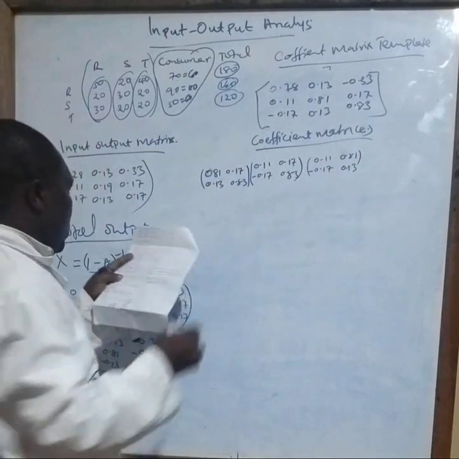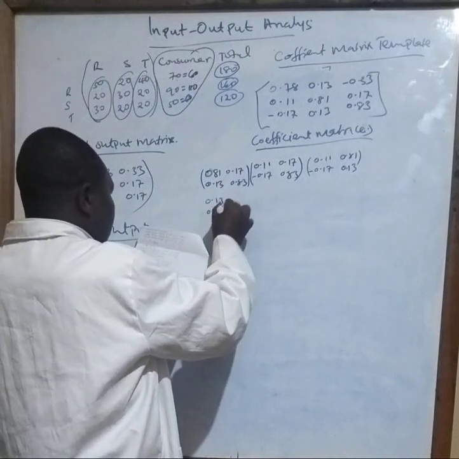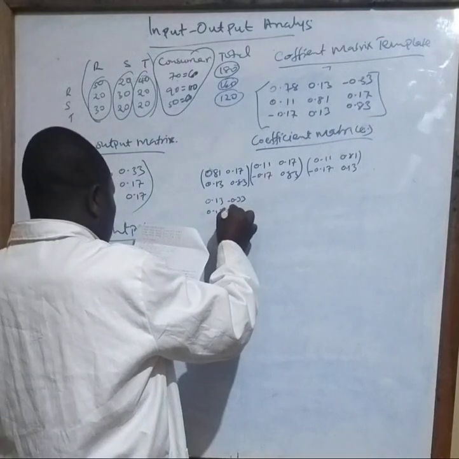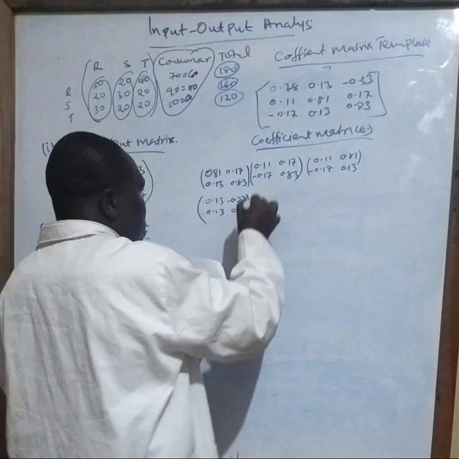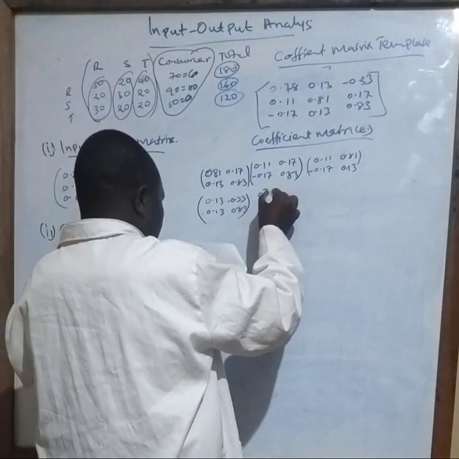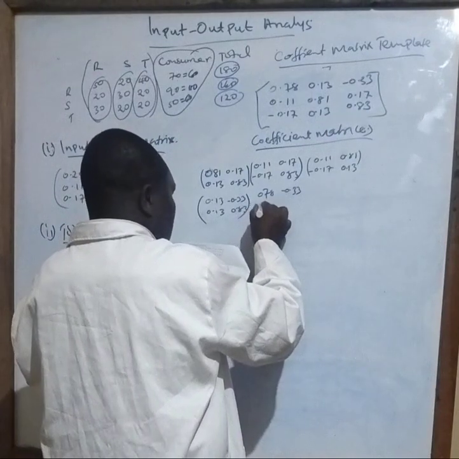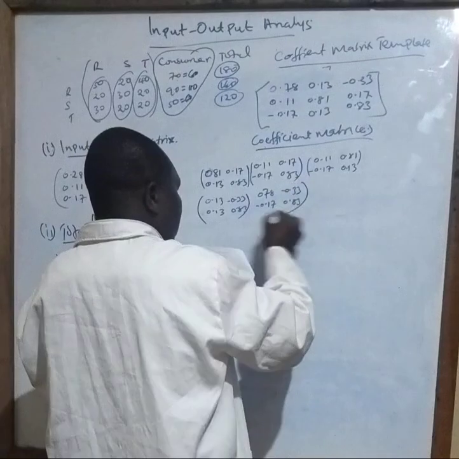Correct? Then you obtain the other one will give you 0.13, negative 0.33, and 0.83. The other one will give you 0.78, negative 0.33, then negative 0.17, then 0.83.